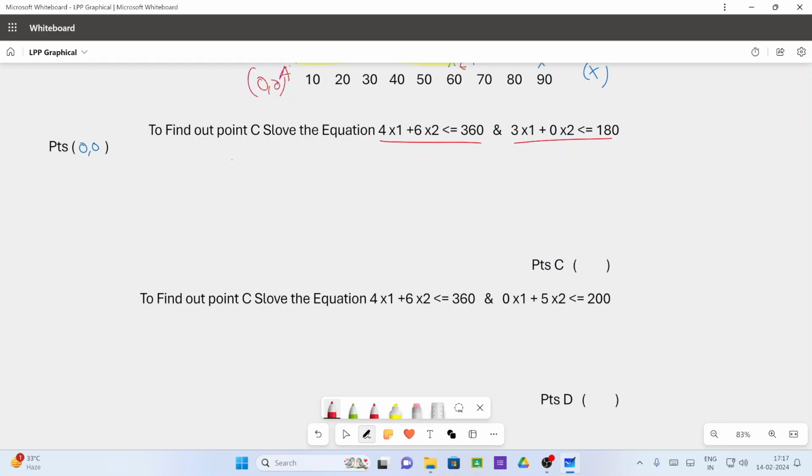Let us write the equations: 4x1 plus 6x2 equals 360, and the second equation is 3x1 plus 0x2 equals 180. Now we need to solve these. For this I multiply this equation by 3, because I need to make these two values the same.